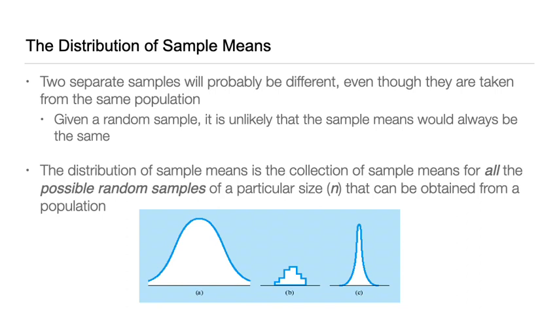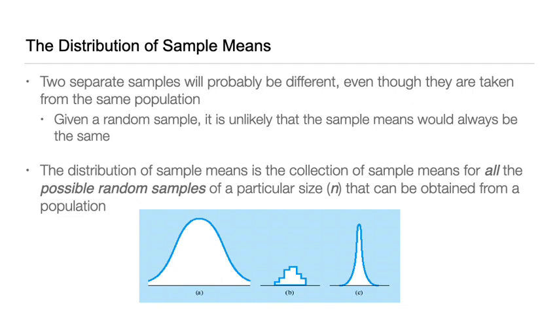We have to compare means and means. A distribution of sample means is a collection of sample means for all of the possible means that we could have in a particular population. That is going to be based on the size of those samples.